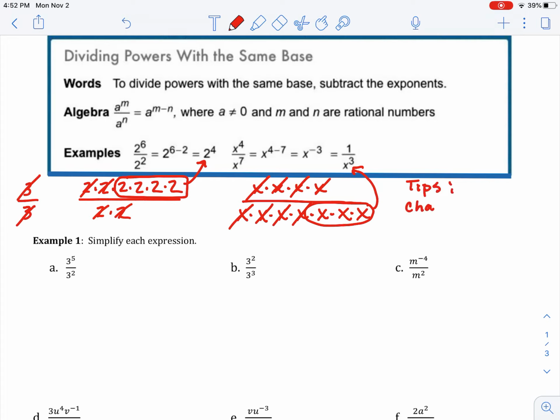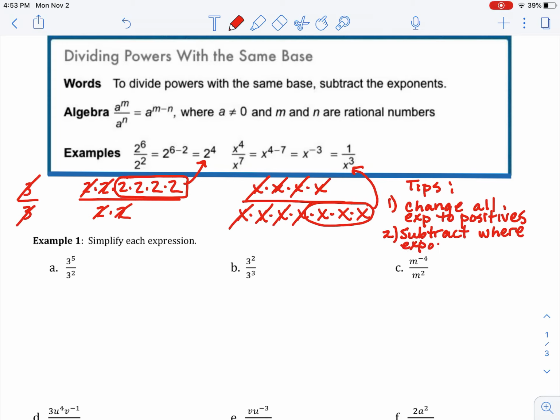First, change all exponents to positives first. And second, subtract where the exponent is bigger.